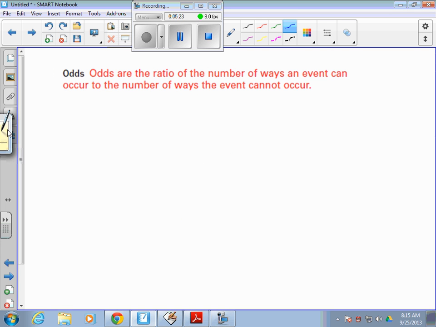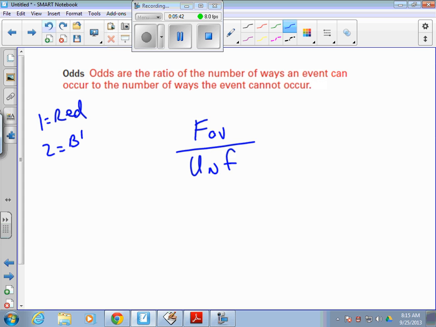Odds, on the other hand, instead of being the favorable outcome over the total, are the favorable outcome over the unfavorable outcome. So if you go back to the reds and the blues, remember we had 1 red earlier and we had 2 blues.